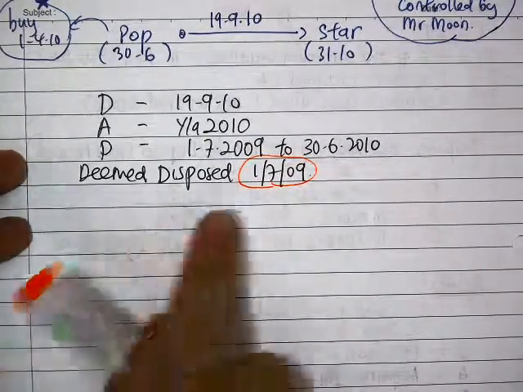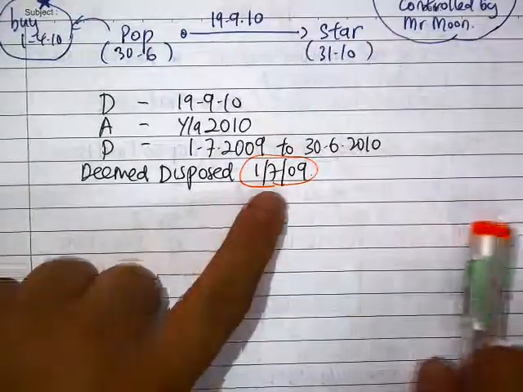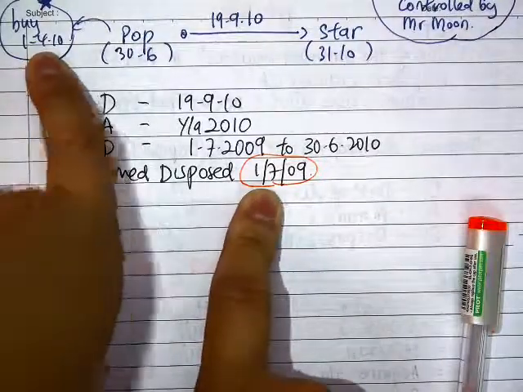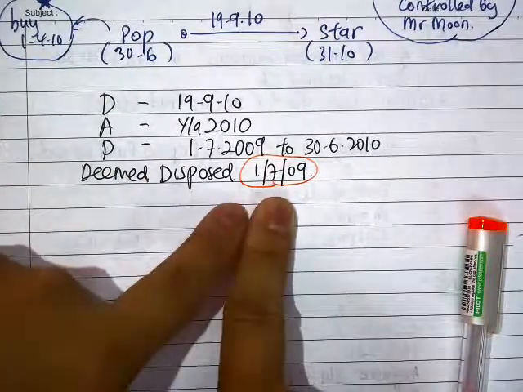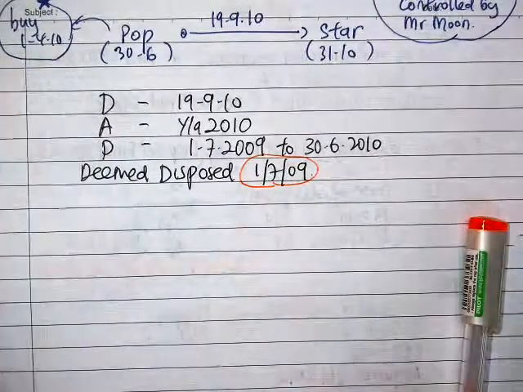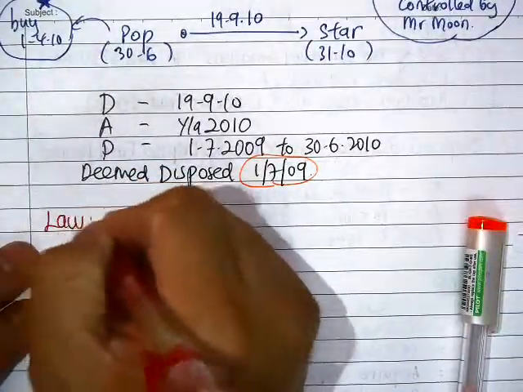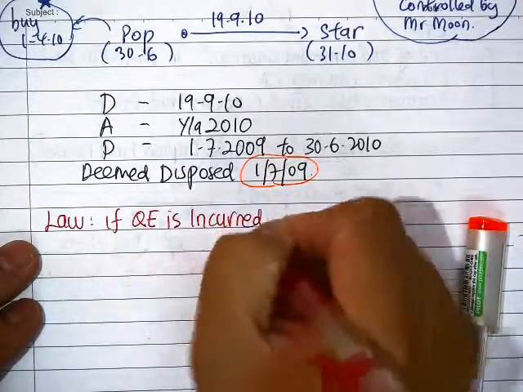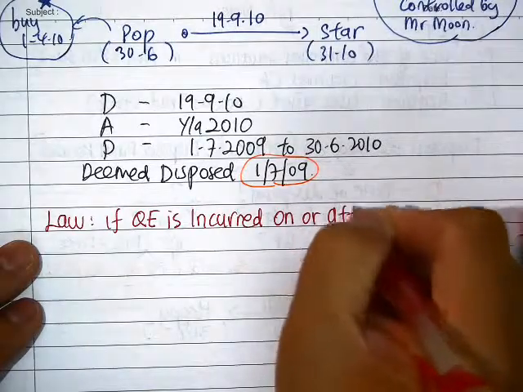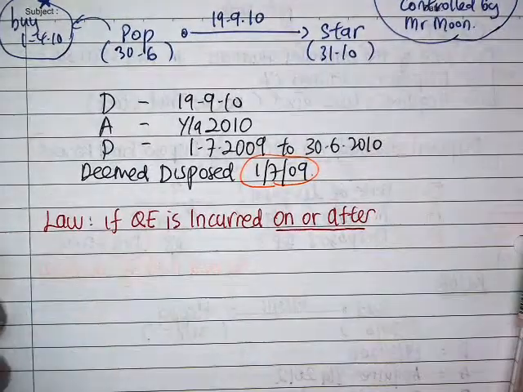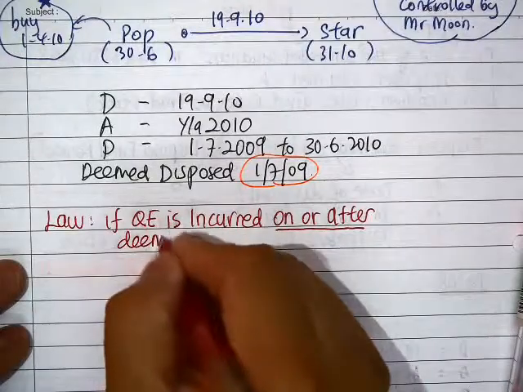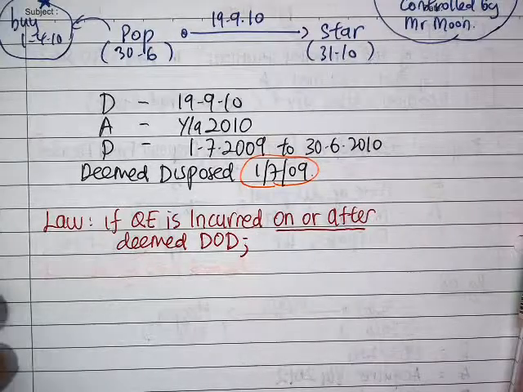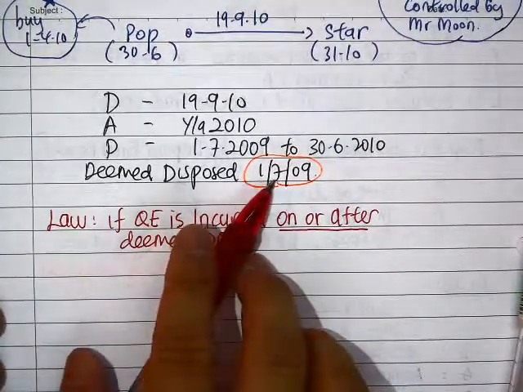Meaning, look at the date. If really this is the date you sell the asset, and really if this is the date you buy the asset, then this is something illogical. How can you sell the asset before even you buy? Correct or not? So that's what we're trying to say. So the law says, if your qualifying expenditure is incurred on or after the deemed date of disposal, now, deemed date is 1st of July.